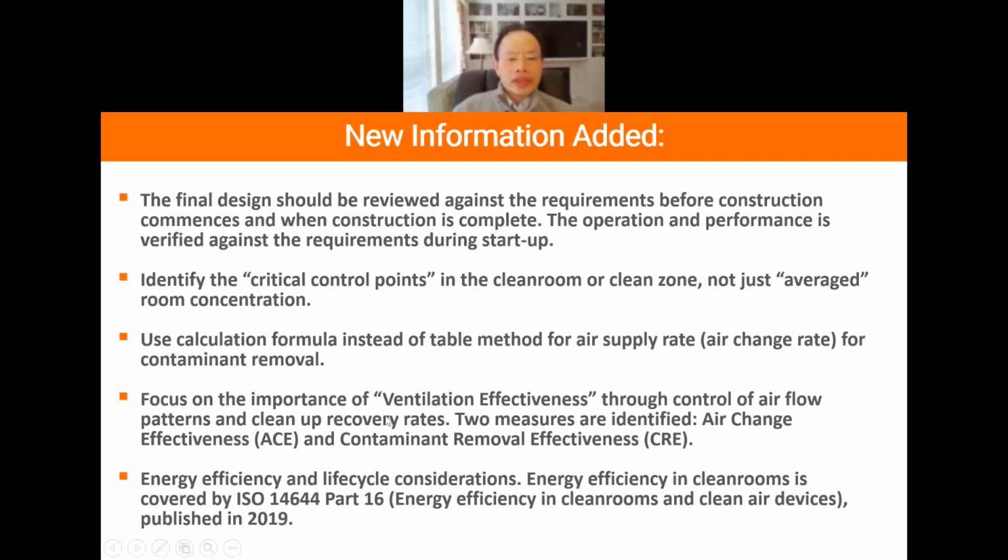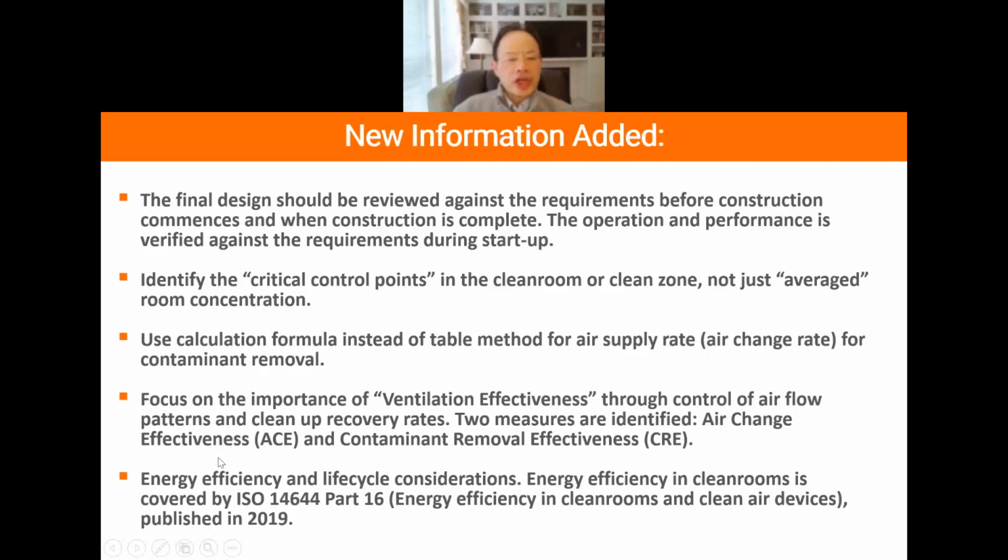And also this new standard introduced the importance of ventilation effectiveness through control of the airflow pattern and cleanup recovery rates. There are two measures for the ventilation effectiveness, which will be used as a correction factor when you calculate the air change rate requirement or the airflow or air supply rate requirement.